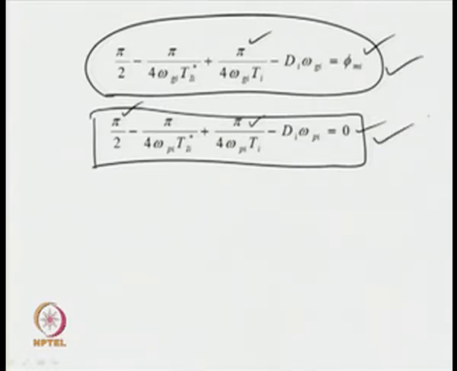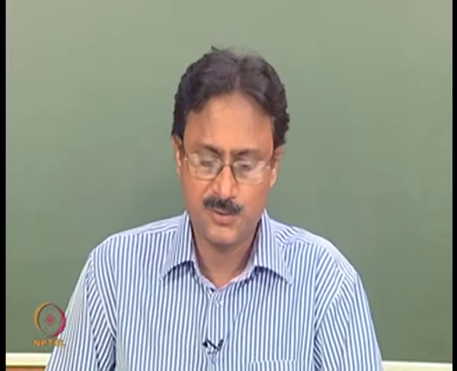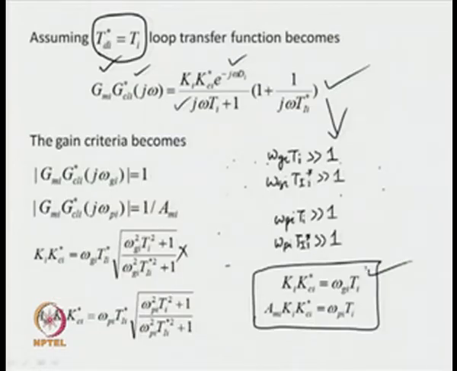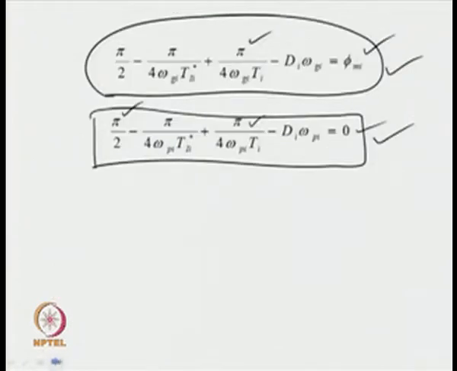Earlier we have got two equations for the gain criteria. Using the gain criteria, we have obtained two simpler equations, which are shown over here. So, making use of the four equations now, four unknowns can be estimated. What are those four unknowns now?